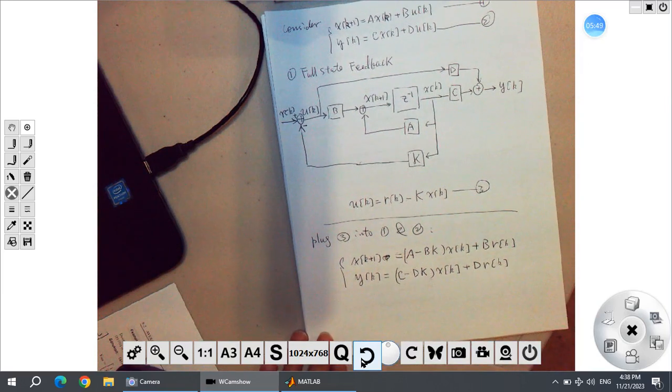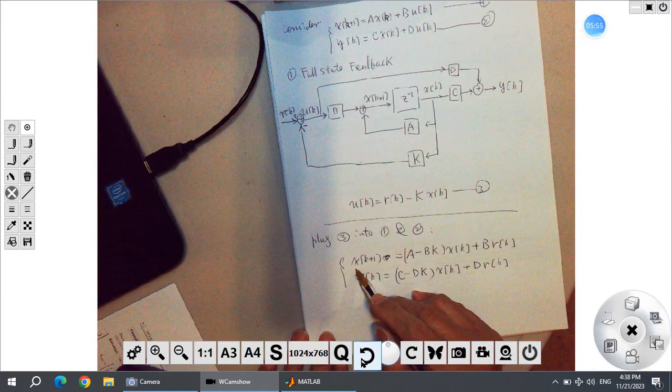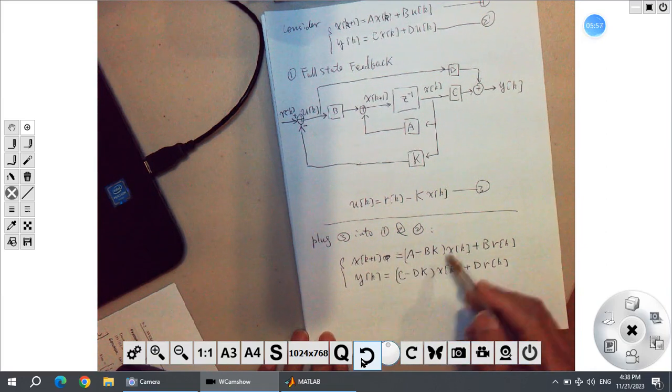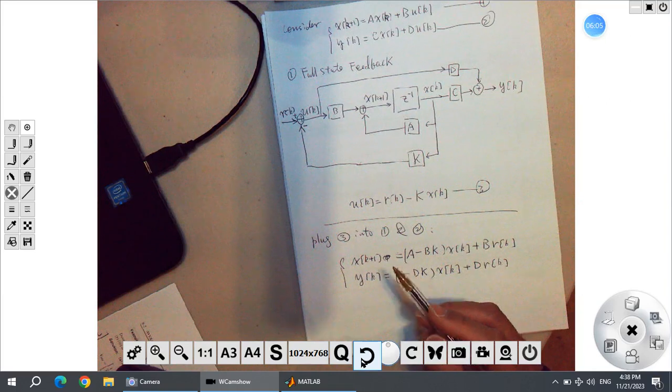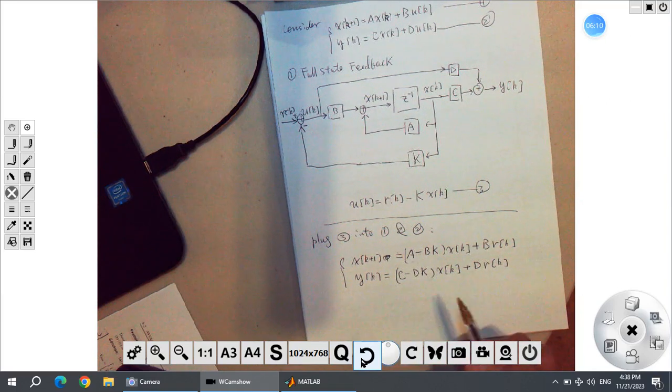Then for stability, you want to choose K so that after adding the feedback to the system, the system has certain poles or some features. Then you can choose the poles based on this.